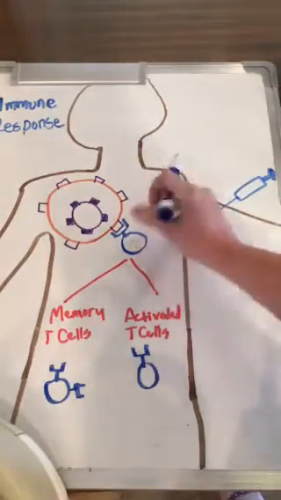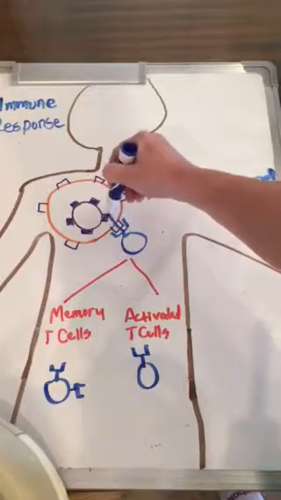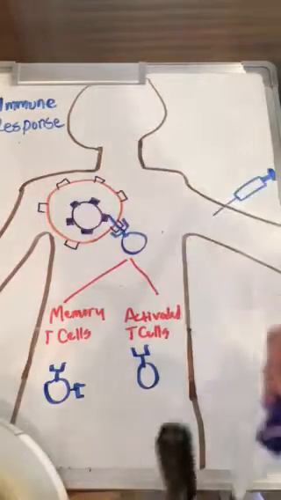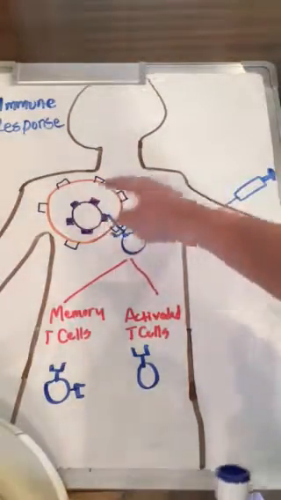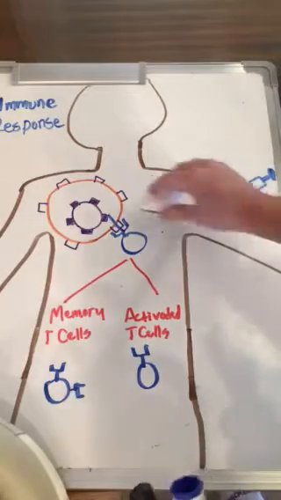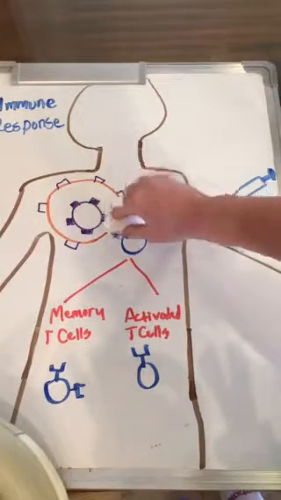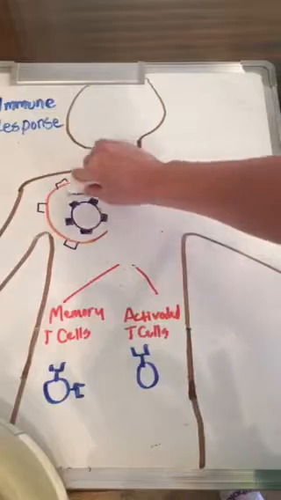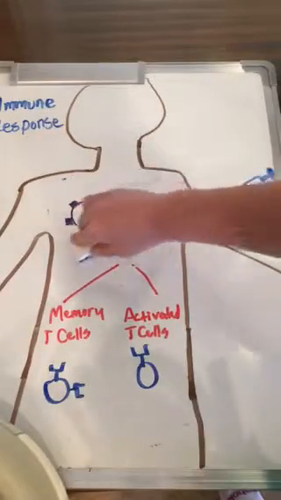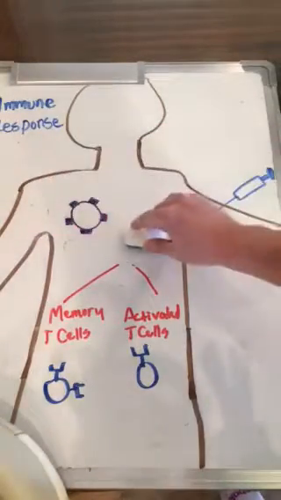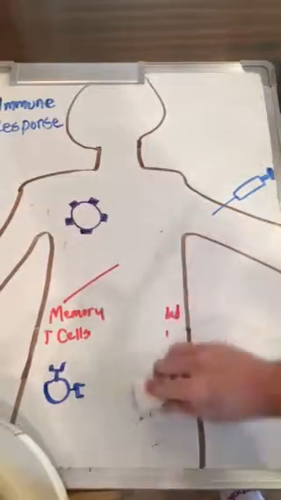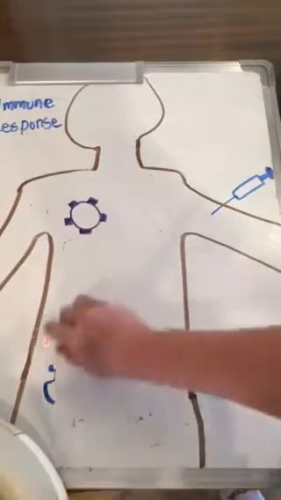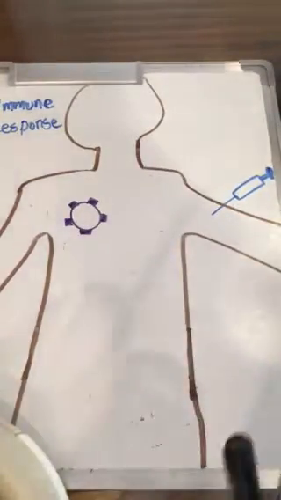And what they do is they attach and they basically blow up the phagocytes that are surrounding these foreign invaders. And so they will blow them up and you will start to get better. This is called the cellular immunity.